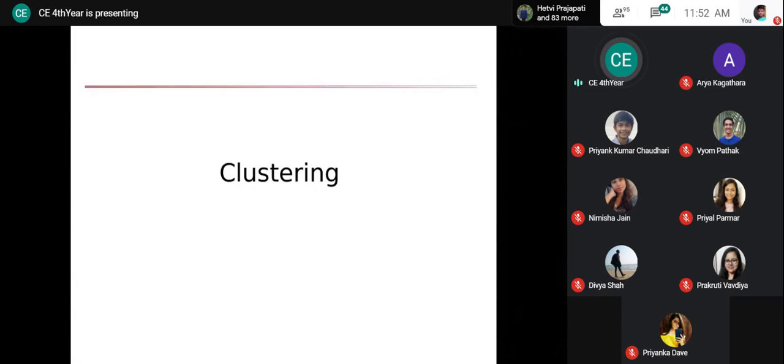Today we'll start the second part, that is unsupervised learning, or you can say unsupervised machine learning. I hope you know the difference between supervised and unsupervised. In the case of supervised, during the training you have the class label. That means during the training you know exactly what the answer is.